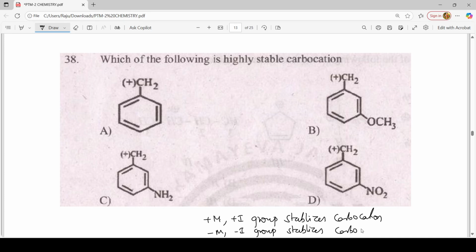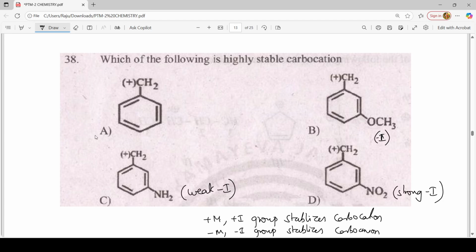Come to the case of the options. OCH3 is at the meta position. This is a minus I group. NH2 is a weak minus I group, students. That is also at the meta position. NO2 is a strong minus I group. So here, because of the minus I group, in the case of option B, option C, option D, the carbocation is becoming unstable.